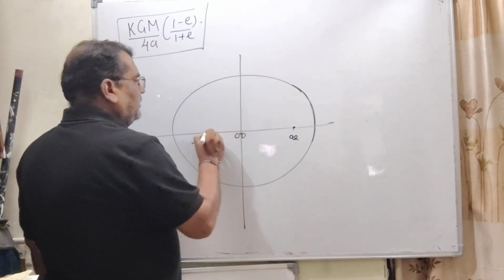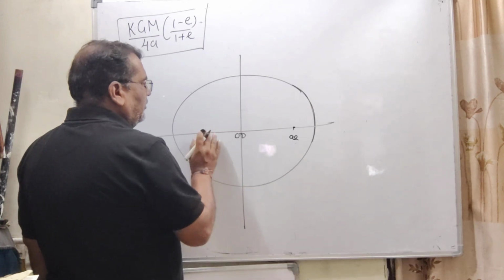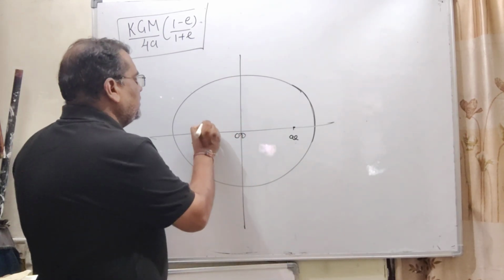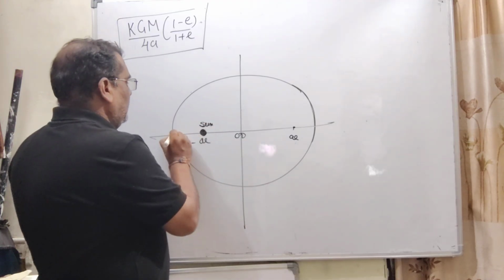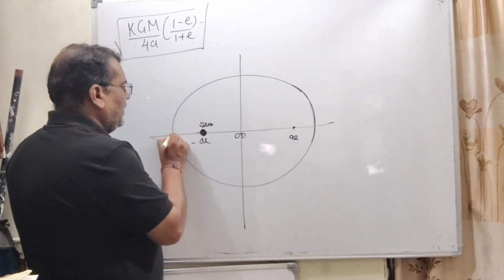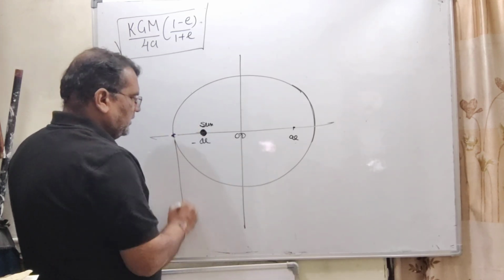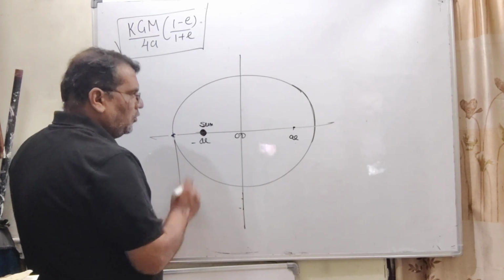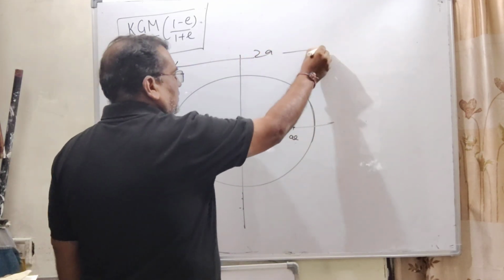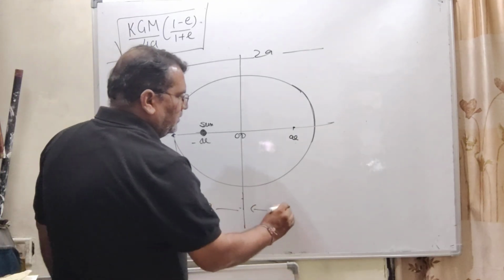This is the position of the sun, and the closest distance, when the planet comes very close, is called perigee. The total distance along the major axis is 2a, and the semi-major axis is a.